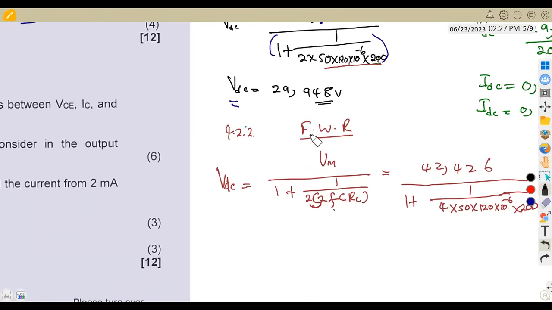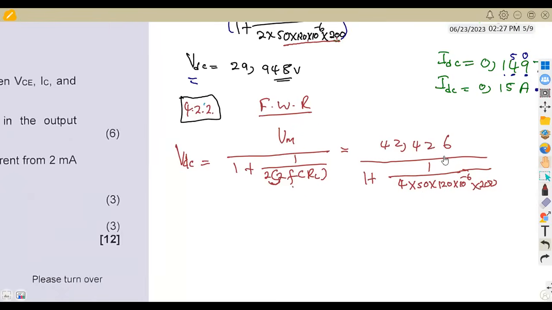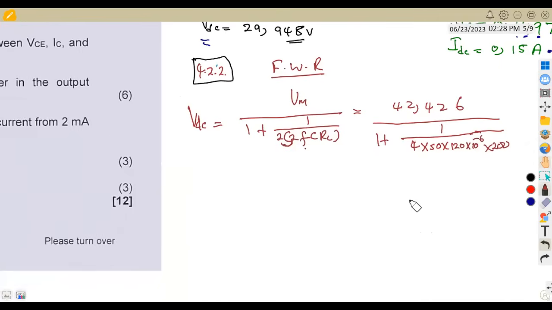Take note, this is when it is a full wave on 4.22. So our output voltage in this case is going to be something like 35.11. VDC is going to be 35.111 volts. All right, so this is how we can calculate it under a full wave.